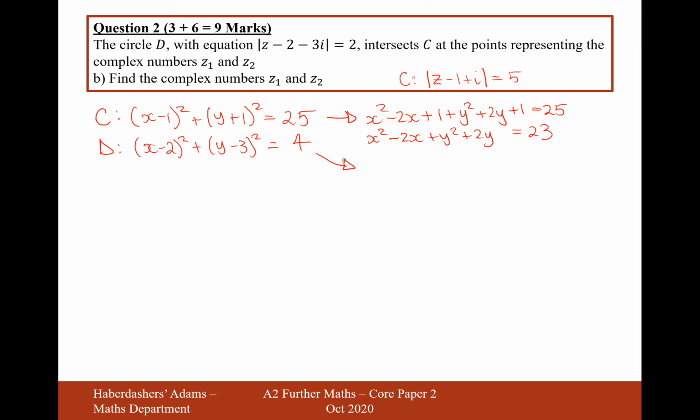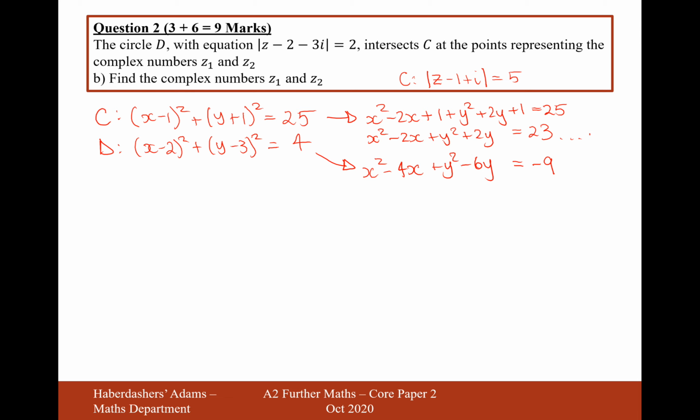And on the second one, it's going to be x squared minus 4x, and then y squared minus 6y, and then we'll have to add 9 and add 4 and subtract them across, so it's going to equal minus 9 on the right hand side.